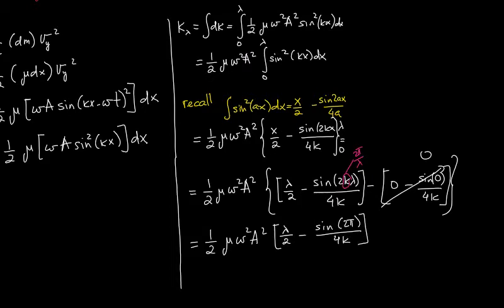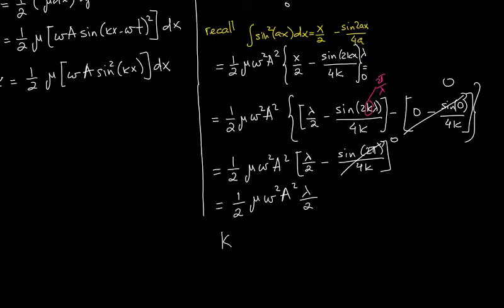Sine of 2 pi is 0, so this term is 0. We end up with this simple form: 1/2 mu omega squared A squared times lambda over 2. So we can also write that K over a wavelength equals 1/4 mu omega squared A squared lambda.